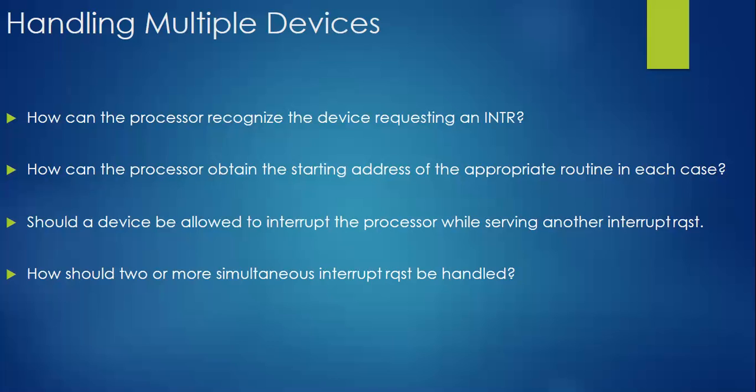How can the processor recognize the device requesting an interrupt? Yes, it's a very important question. How will your processor identify that this is the device raising an interrupt? Because we are using a common line, as I mentioned. One common line is there, to which each and every device is connected. We have open drain collector, right?